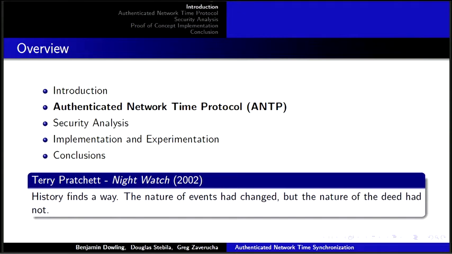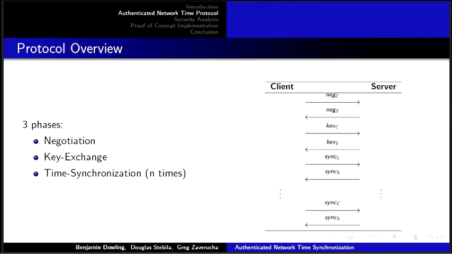So, heading into our construction now, it's split up into 3 separate phases: a negotiation phase where a client and a server negotiate cryptographic primitives, and the server is able to offload server state. A key exchange phase where, as the name suggests, the client and the server establish a shared symmetric key, which the server again is able to offload onto the client.